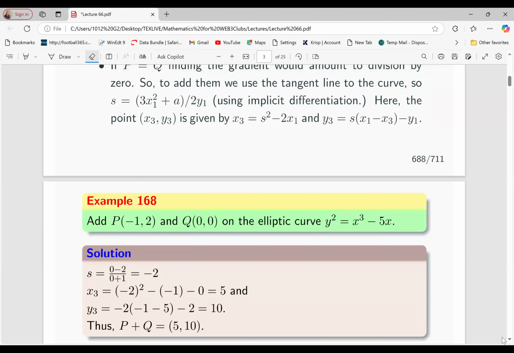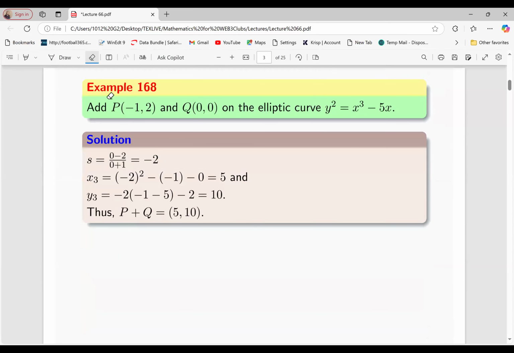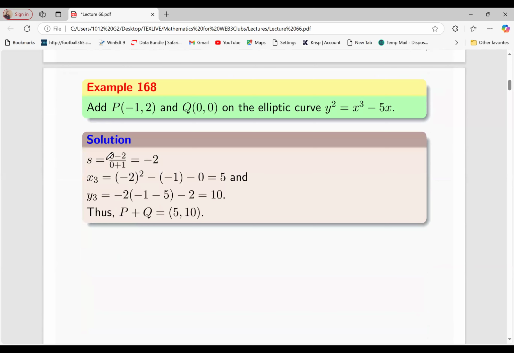Now, those are the formulas. So we want to take a few examples just to ensure that we understand the formulas. And of course, we said when you're writing a program, then you just give the program those formulas, and it will do that for you. I've been given 2 points here. These 2 points are different. And I've noticed that they don't lie on the same vertical line.